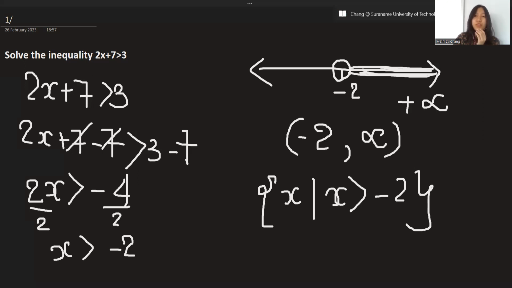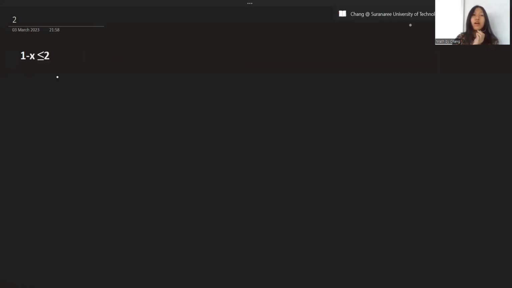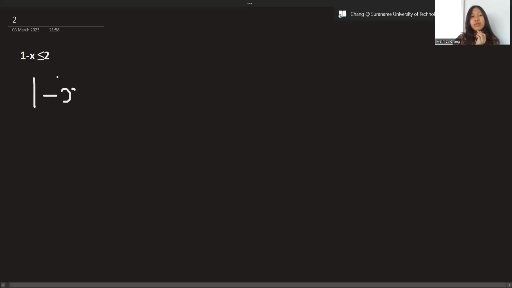Okay, let's go to number 2. All right, so number 2 is 1 minus x less than or equal to 2. All right, so we have to find the value of x first. So at the front of x, there is 1.